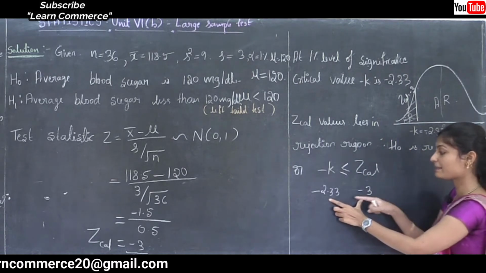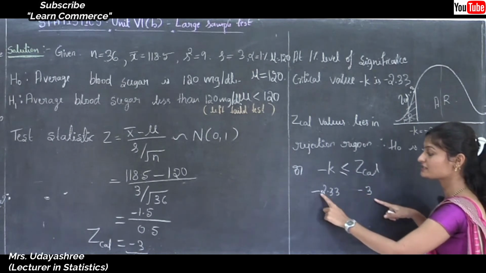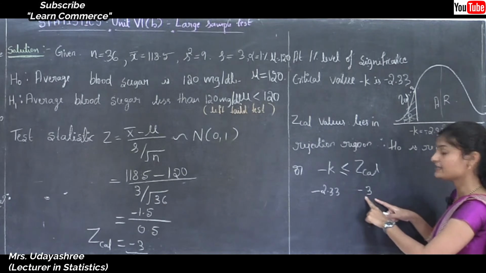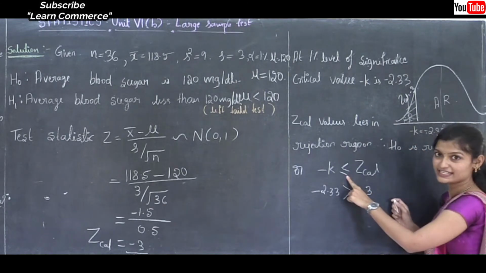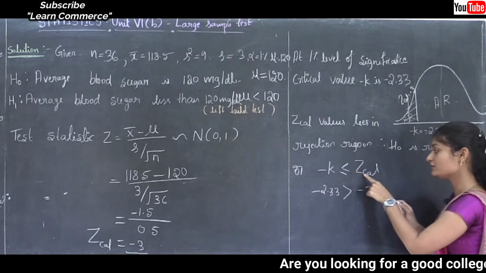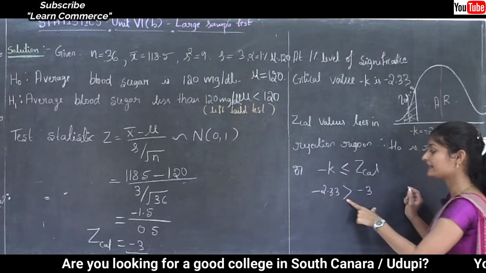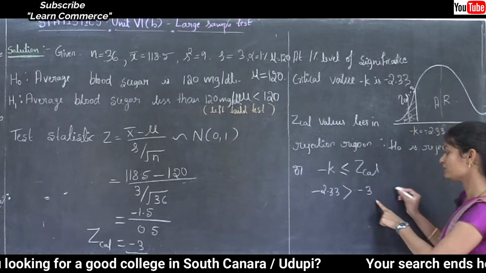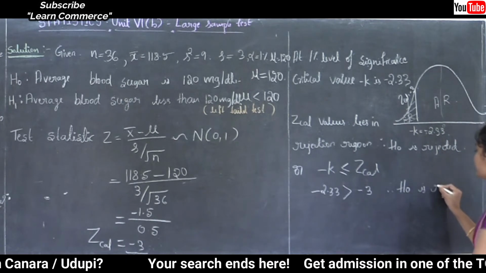Comparing minus 2.33 and minus 3, minus 2.33 is greater than minus 3, so this condition is not satisfied. The condition is minus k less than or equal to calculated value, but here we got minus k greater than calculated value. Therefore H naught is rejected.